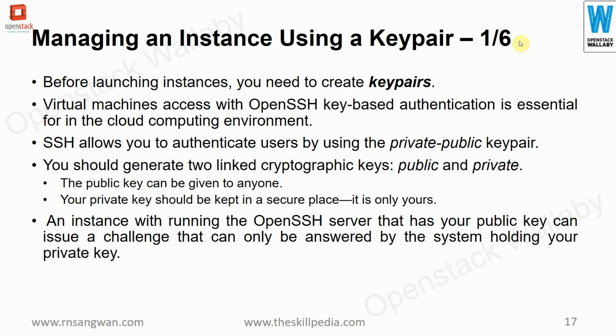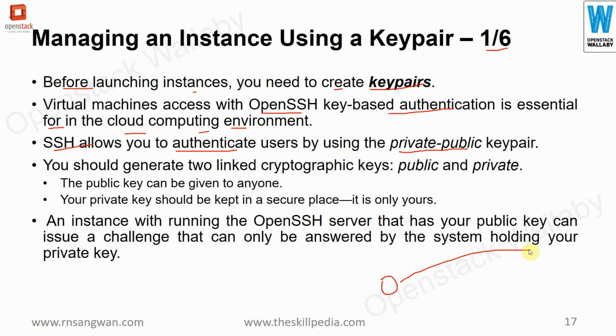Managing an instance using a key pair. Before launching an instance, you need to create a key pair. Virtual machine access with OpenSSH key-based authentication is essential for the cloud computing environment. SSH allows you to authenticate users using the private-public key pair.